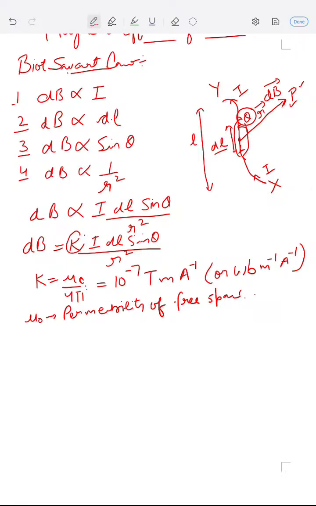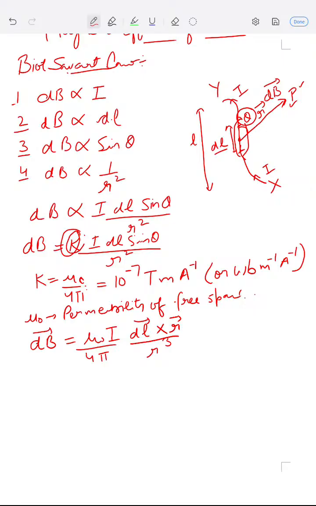We can write this equation in vector form. We change this k into mu 0 upon 4 pi, so dB equals mu 0 I upon 4 pi, dl vector cross r vector, divided by r cube.